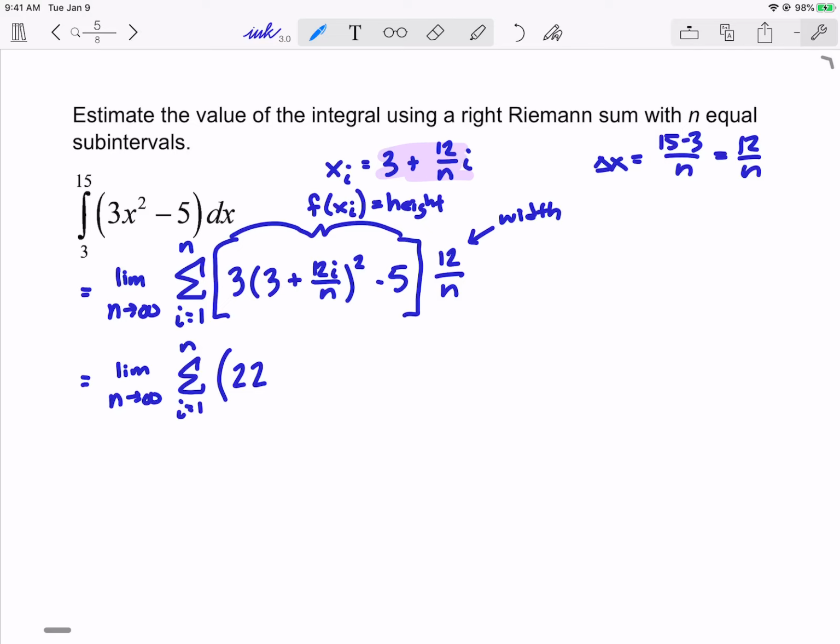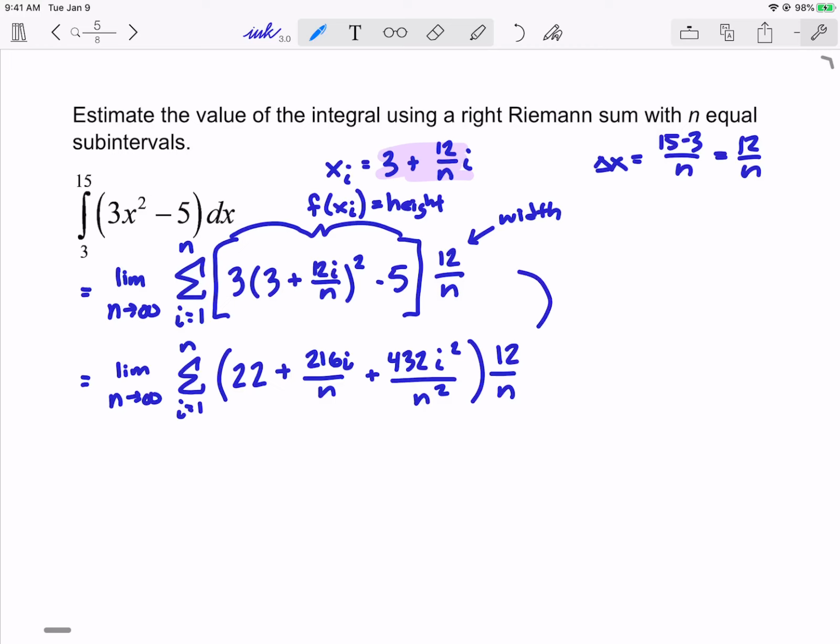So 3 squared is 9 times 3 is 27 minus 5 gives you 22. Then you're going to have plus 216i over n plus 432i squared over n squared. And then all of this is still going to be multiplied by that 12 over n on the outside.